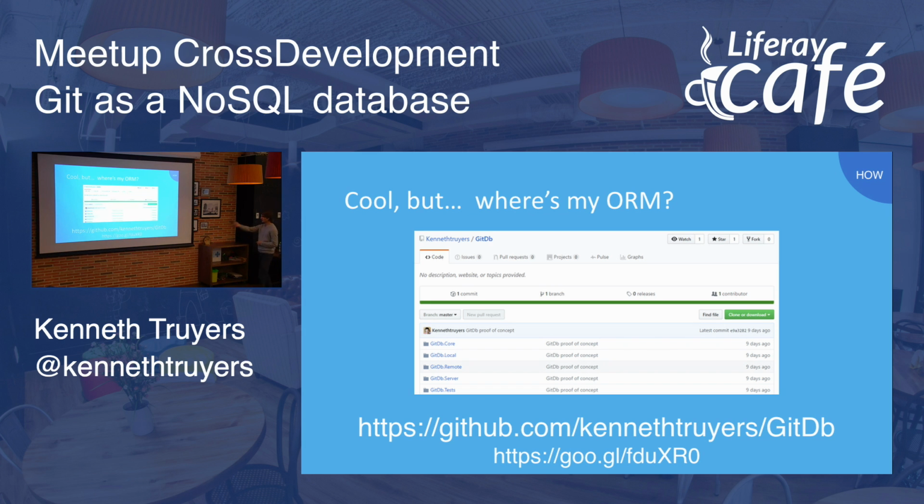It's called Kenneth Truyers /gitdb, or you have the short URL beneath. And we've done a bunch of things there where you can access it over HTTP or locally, and there's a few things in there. So feel free to have a look. Now I must say this is still a proof of concept.